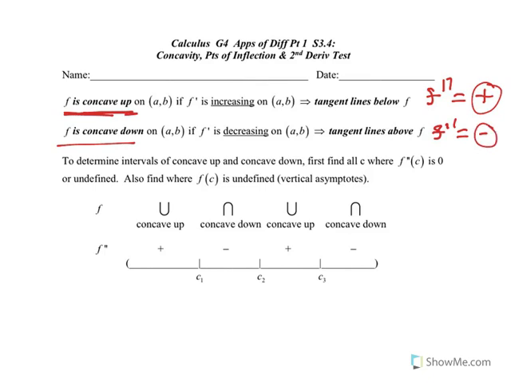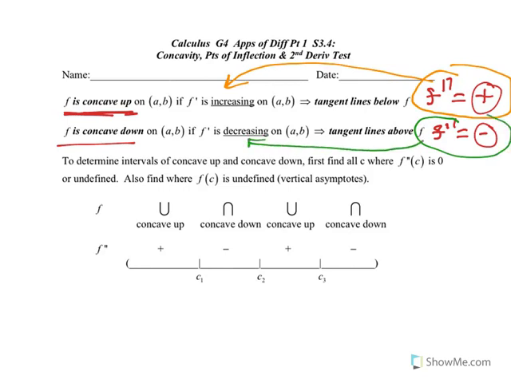And again, f double prime being positive is speaking about this right here. If f single prime is increasing, then f double prime would be positive, and if f single prime is decreasing, then f double prime would have to be negative.